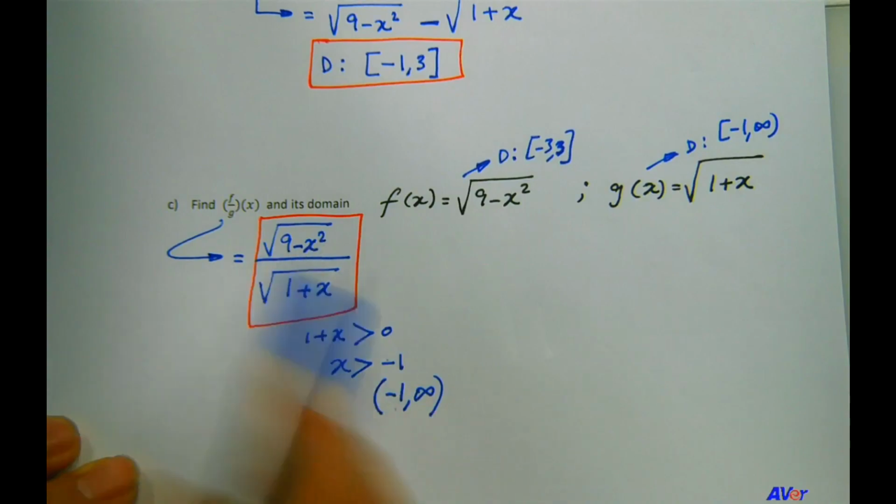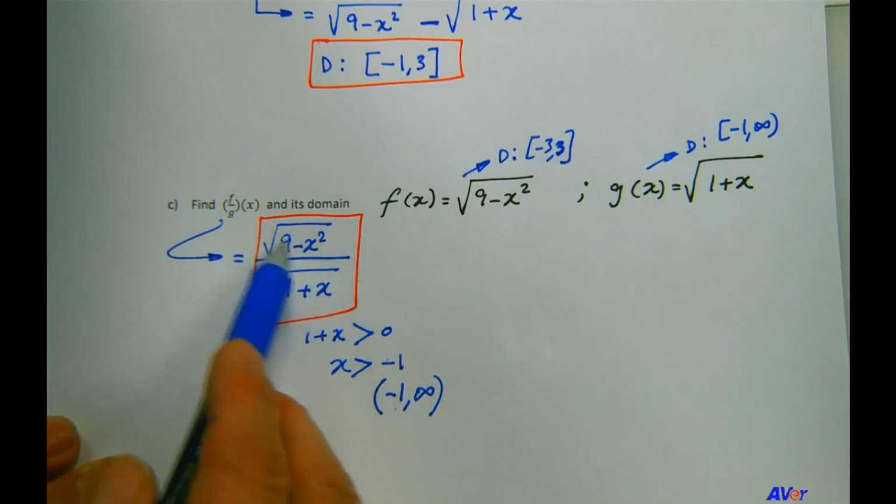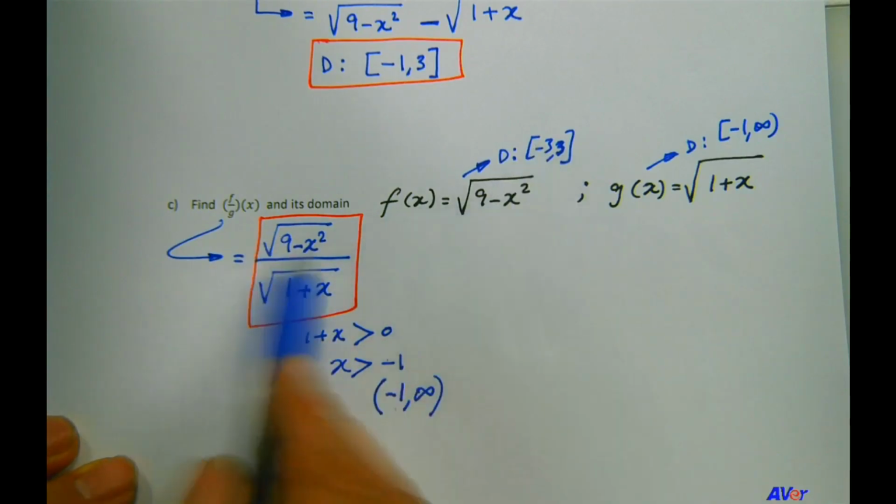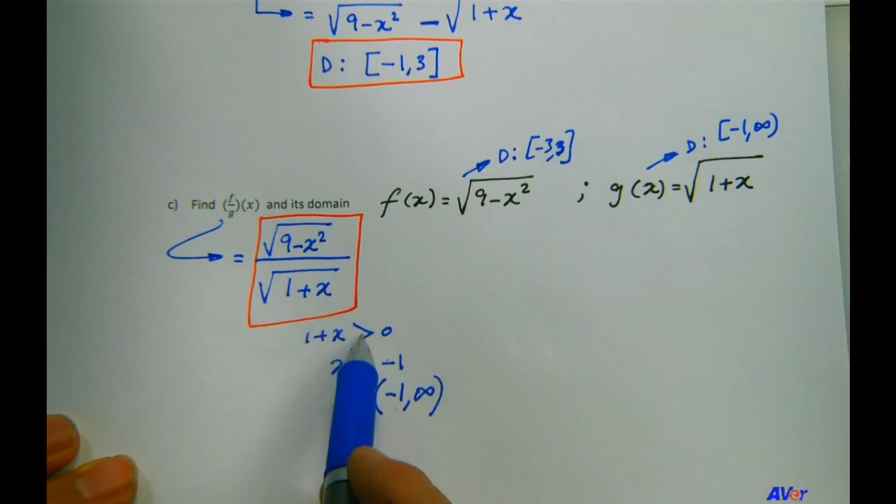So we didn't need to do anything in the numerator, right? Because we already have that. We know the domain of the numerator. We already have that. That's why. But because this function ended up in the denominator, we had to guarantee that this inside is never 0. So we calculated that, and we have to exclude -1.